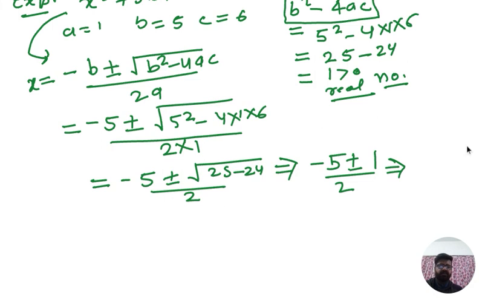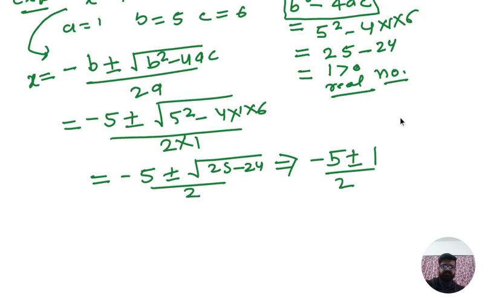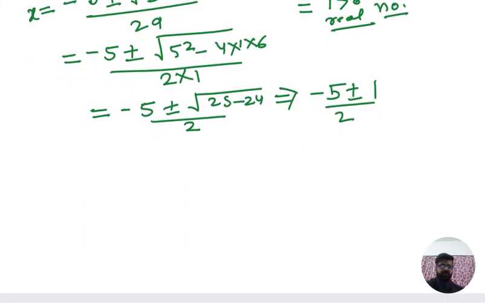Now we will write it in this way. Here you can see that first, minus 5 minus 1 divided by 2, and the second value will be minus 5 plus 1 divided by 2.